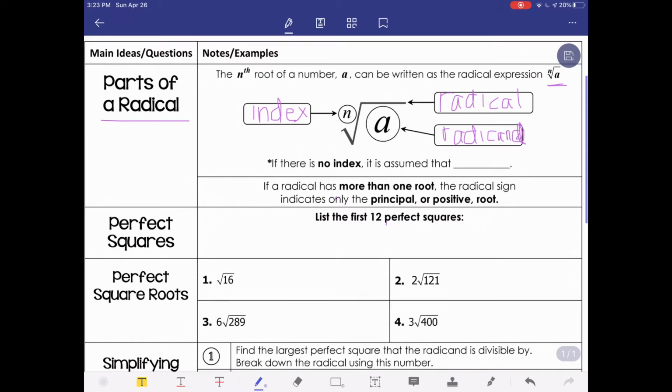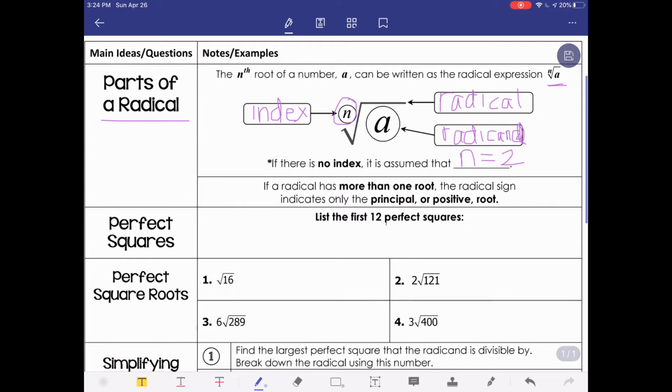If there's no index, so if there's no number right here, we're going to assume that n equals 2. If a radical has more than one root, the radical sign indicates only the principal or positive root.